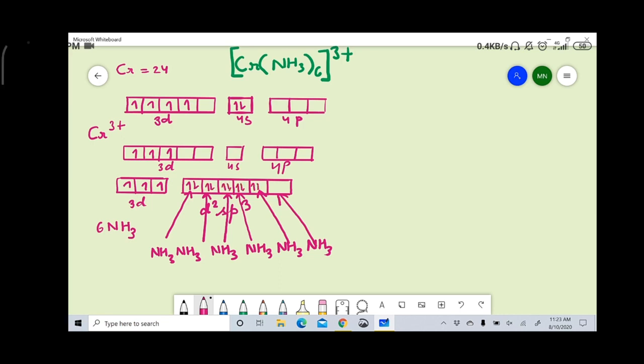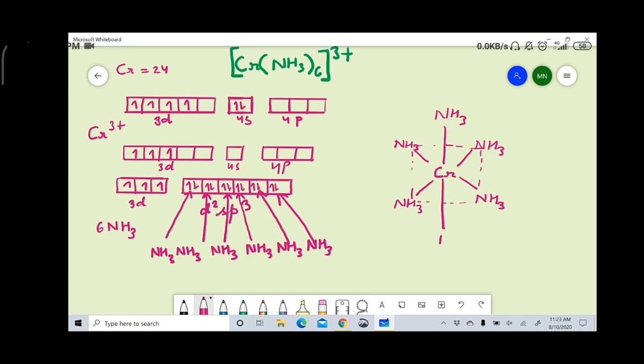In this complex, the central metal ion is present at the center of the octahedron, and 4 of the 6 ligands surrounding the central metal ion are present on one plane in square planar arrangement, and the remaining 2 ligands are present above and below the square plane. This is an octahedral arrangement in a complex.